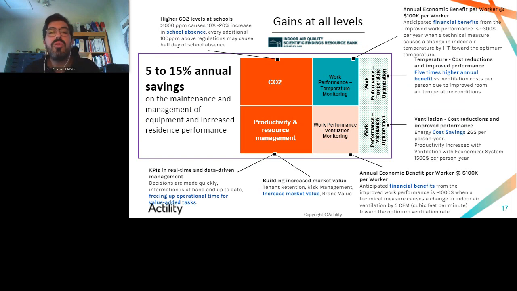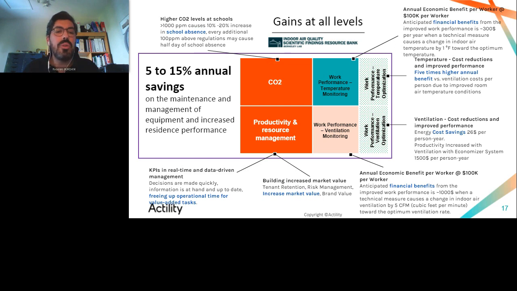If we get back to the school, the data on air quality came from a scientific finding resource from Oregon University in the US. School absence is one of the things that you can see if you increase the CO2 too much. That's why it's related to the type of demand that we have received.